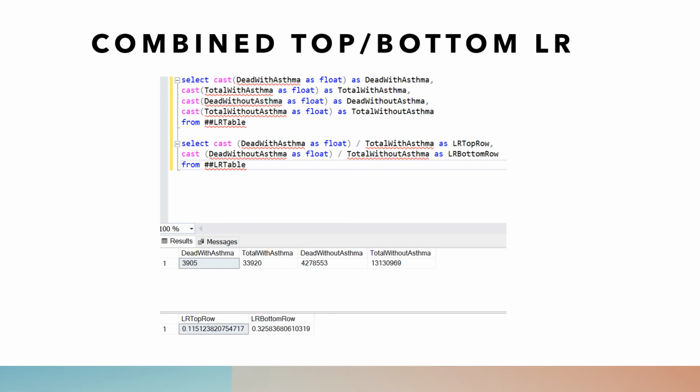In order to get the top row, we've taken the dead with asthma, cast it as a float, and divided by total with asthma. And that gives us our top row value, which you can see below. For the bottom row, we've taken dead without asthma, cast it as a float, divided by total without asthma, and that gives us our bottom row figure.